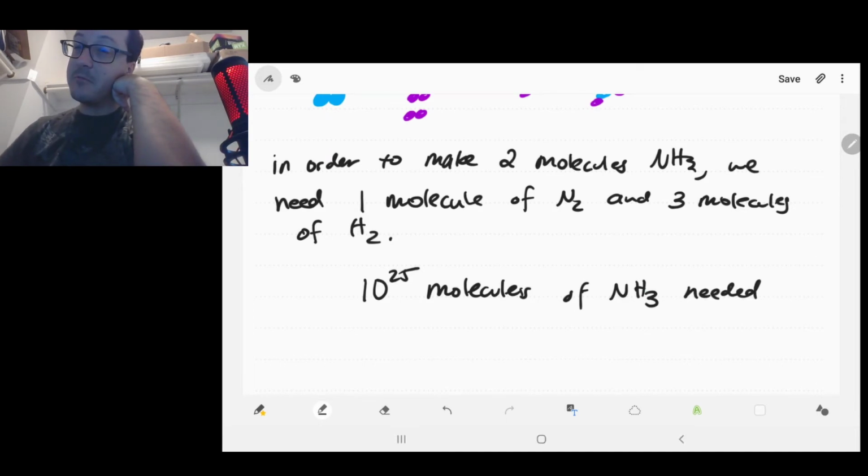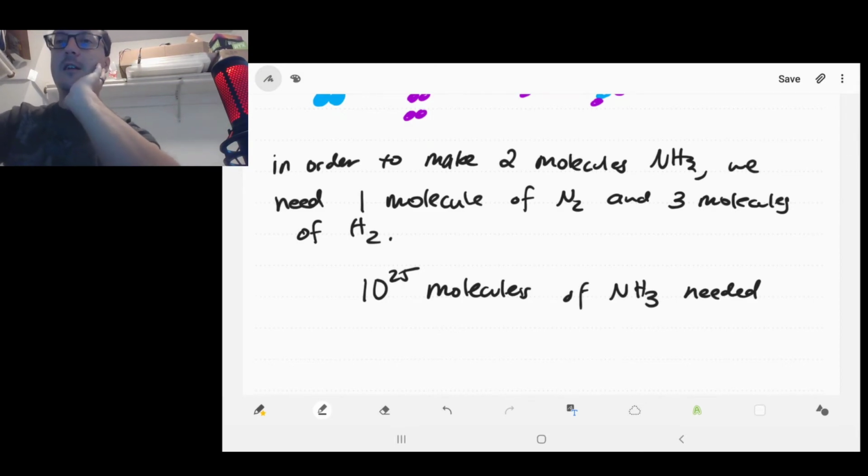That's a reasonable amount. It's actually not that much. I want 10 to the 25th power molecules of ammonia. This recipe tells us how many of nitrogen and how many of hydrogen we're going to need.